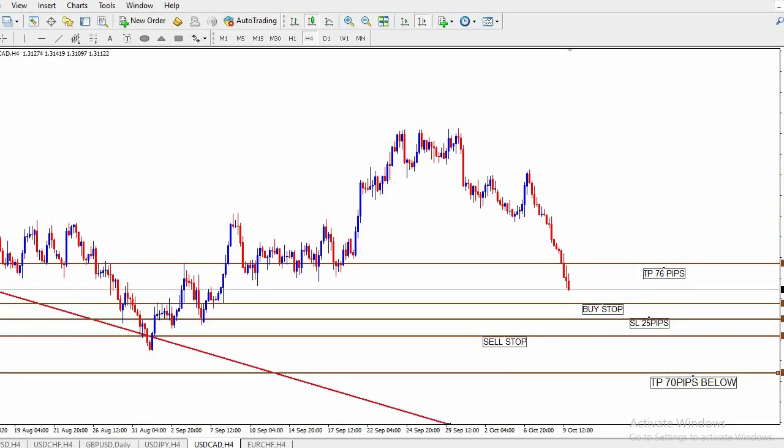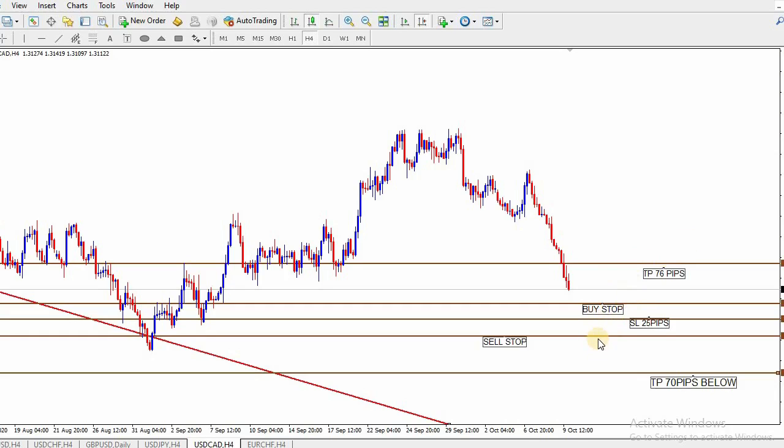So our buy stop is here, our sell stop here, and then our take profit for the sell is here, and our take profit for the buy is there. So whichever triggers, we close the other order.